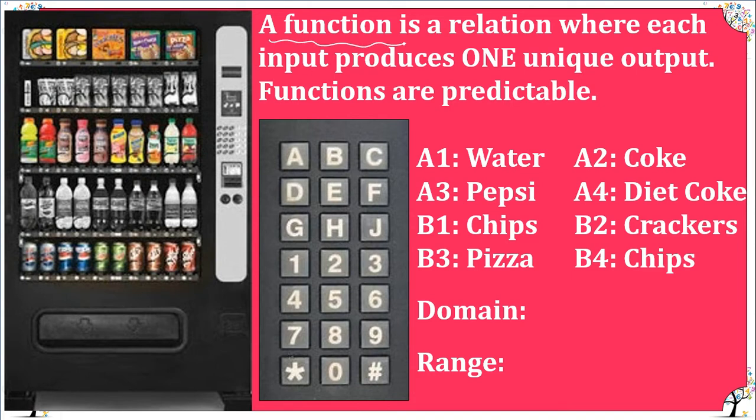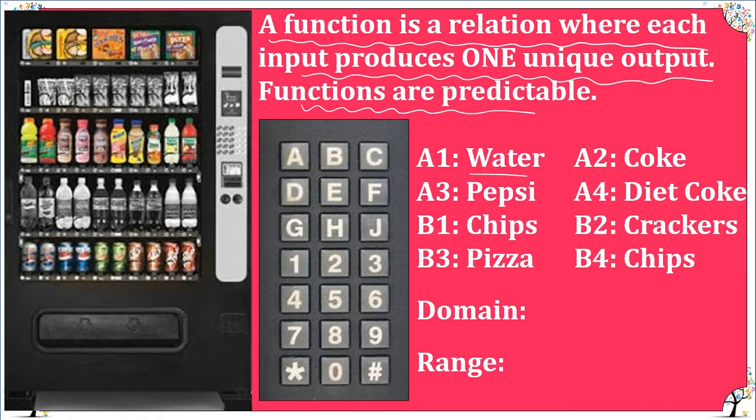So a function is a relation where each input produces one unique output. Functions are predictable. So let's write this in our notes. Functions are relations that are predictable. Each input, such as A1, gives out the output. In this situation, it is saying that A1 is water.